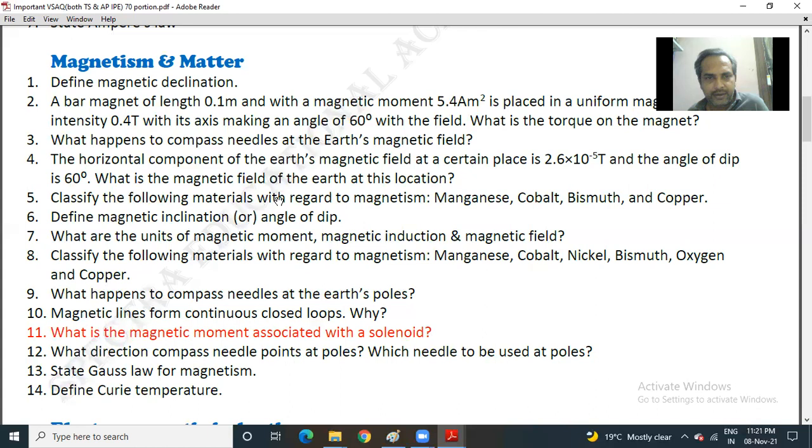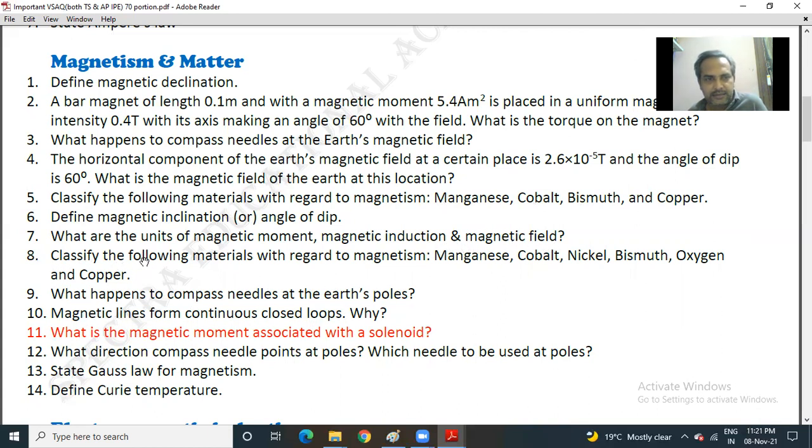Classify the following materials with regard to magnetism: manganese, cobalt, bismuth, and copper. 6. Define magnetic inclination, or the other name for it is angle of dip. 7. What are the units of magnetic moment, magnetic induction, and magnetic field?